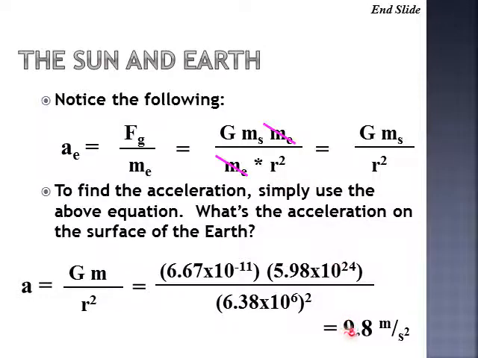Our acceleration would be less than 9.8. Now, the amount is so small that you really don't notice that much of a difference, but it would change. So the further you are away from Earth, the acceleration due to gravity actually does change, and this is also called the gravitational field strength.